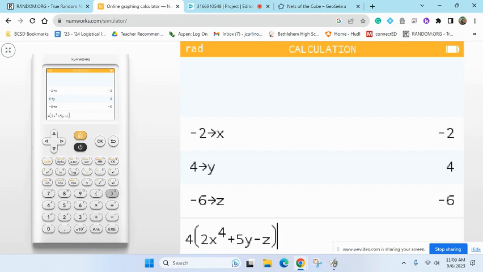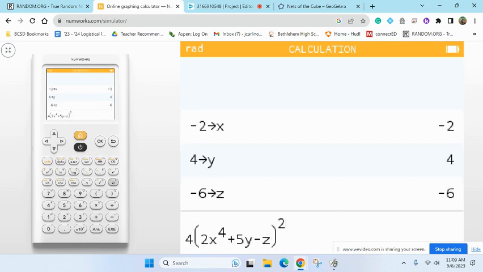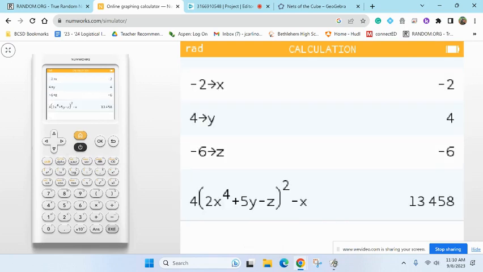We'll close that up and square it. And then we'll do minus x on the outside. Now I don't have to worry about a darn thing. It's right there. Okay, so that should come out to be 13,400.